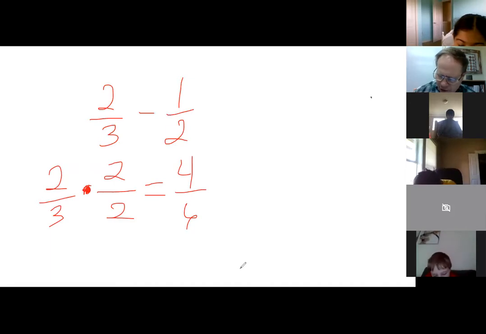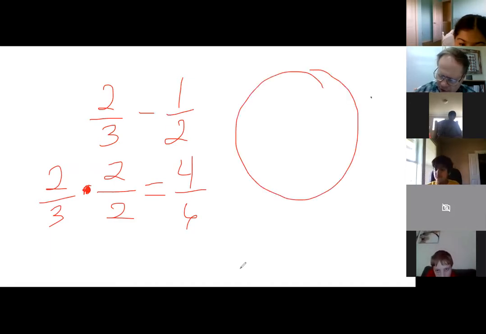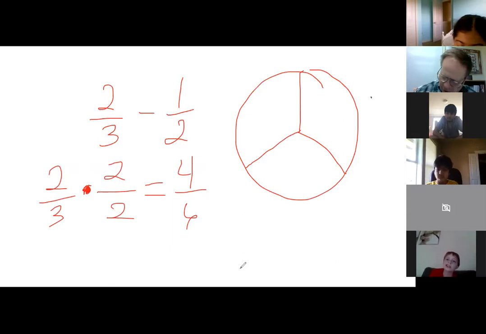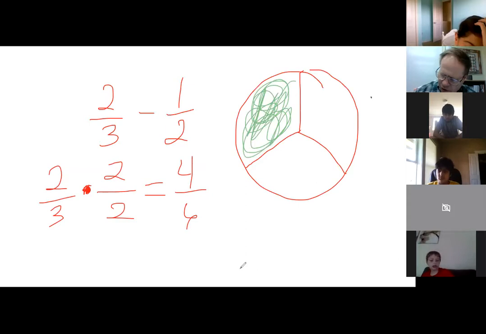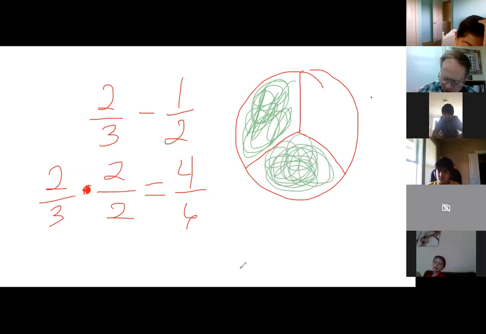It's like taking your circle and you're taking your 2/3. Let's say that this part here is 1/3. This is 2/3, right? But now let's split it up into 6. So we'll make it into 6 parts.